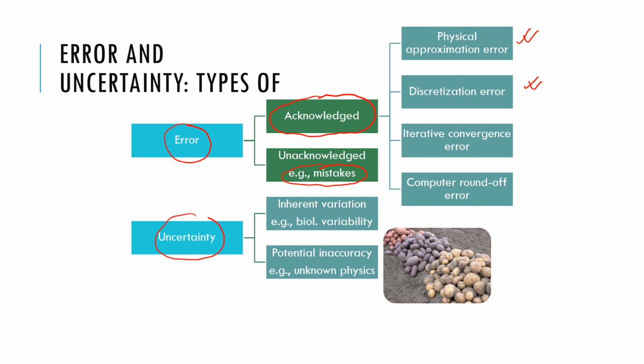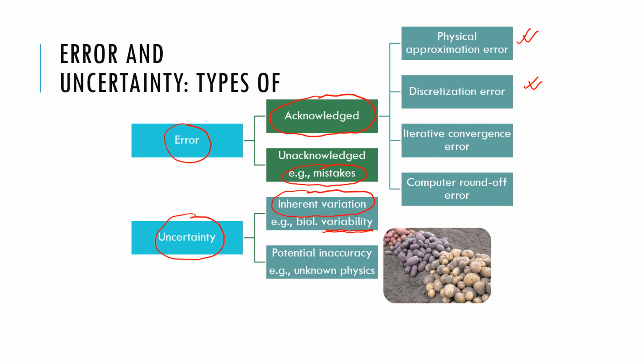Uncertainty can be due to simply inherent variation. Because food is a biological material, there's going to be biological variability in the material. And this is given. We just have to see how we can try to estimate this uncertainty.